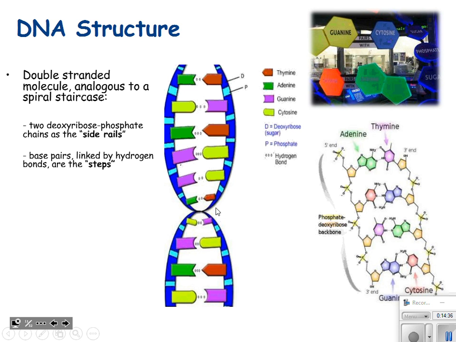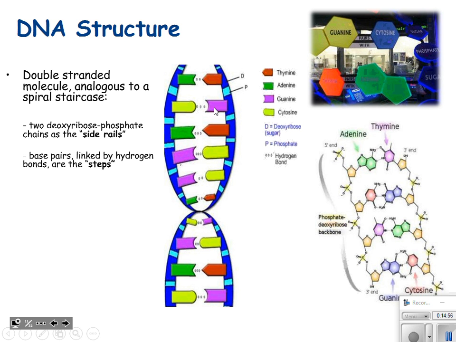The stair steps here are the bases, the base pairs. As you can see, green is adenine, red is thymine, yellow is cytosine, and G is guanine.